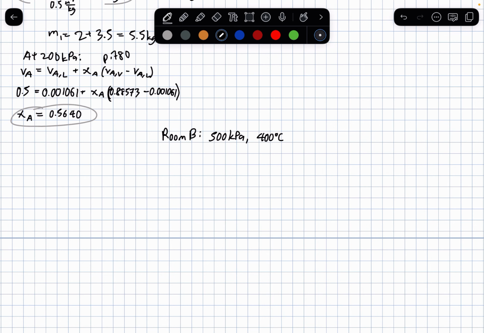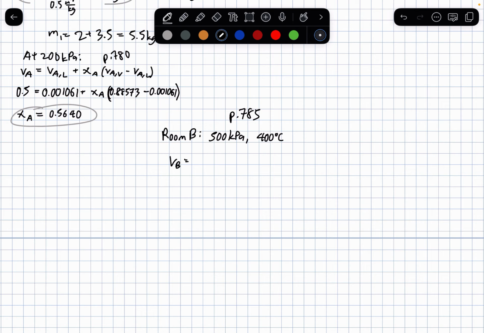Let's go to page 785. Yeah, page 785. 500 kPa, 400 degrees Celsius.